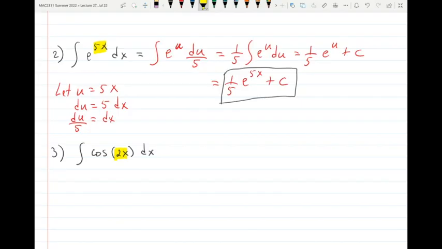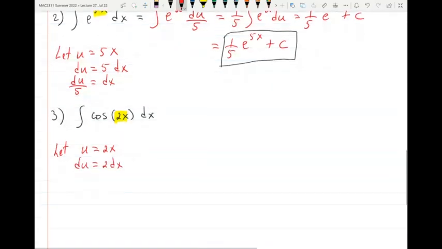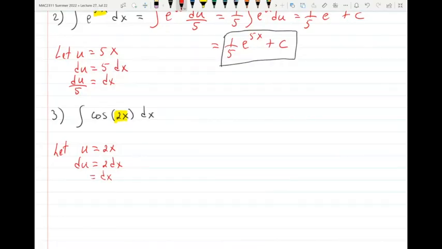I don't see a 2, but that's fine because it's just a constant. When you're off by a constant, you can always fix it by doing the trick that we did above. You just rearrange, divide, and so on. So we can make it work. We let u equal 2x. So du is 2 dx. And as you know, this means that dx can be written as du divided by 2.